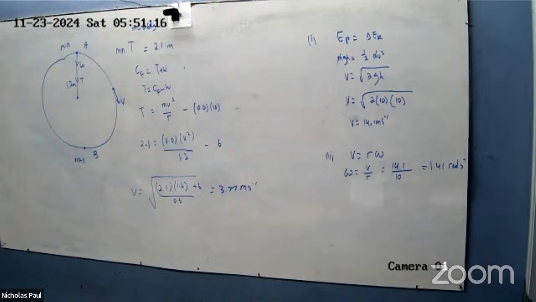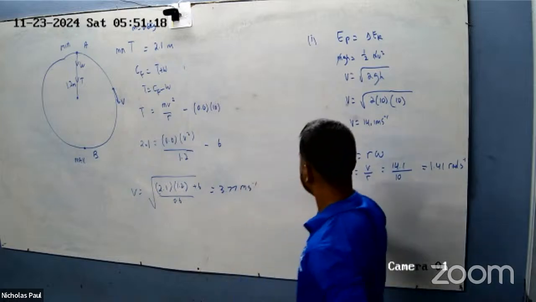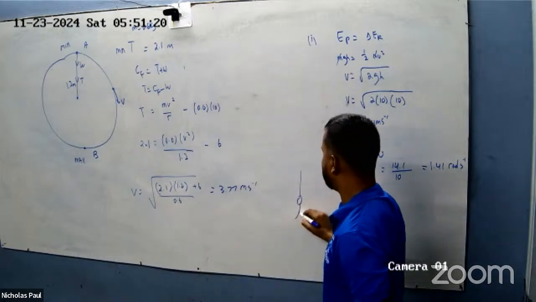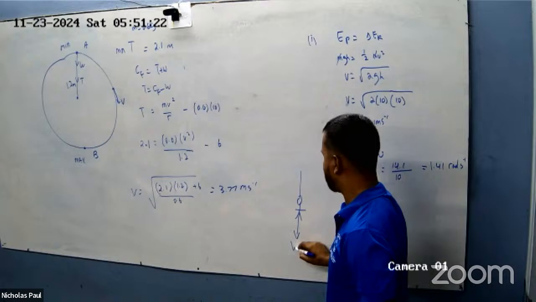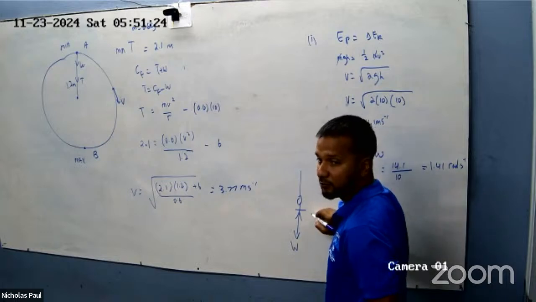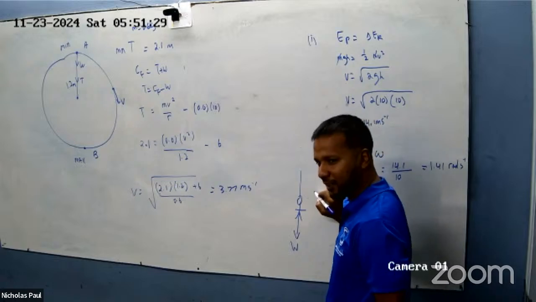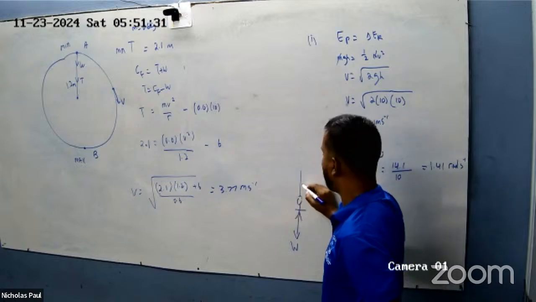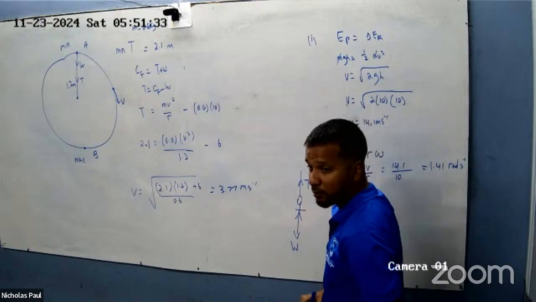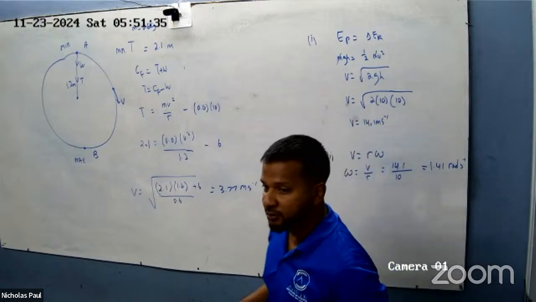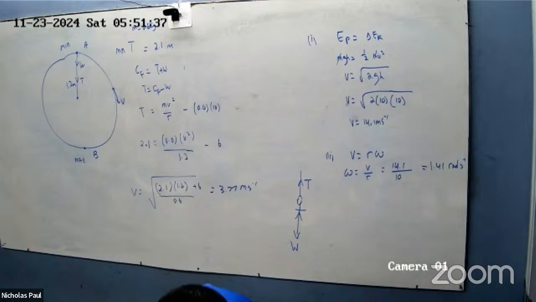Sylvester? Weight, nice, and what else? Okay, well, it's negligible, so I'll leave it out, and we have tension. Right, and the resultant of these two is your tension, of course.